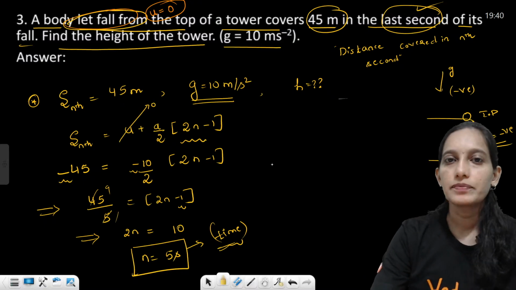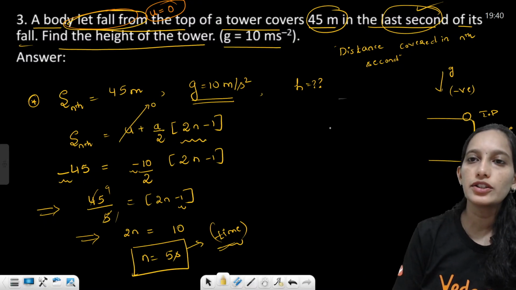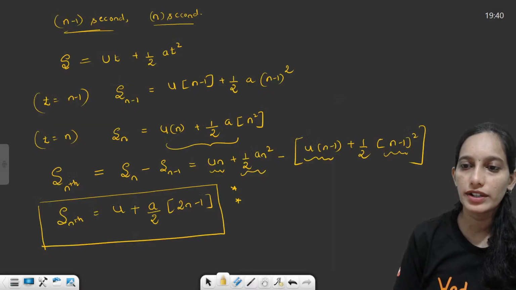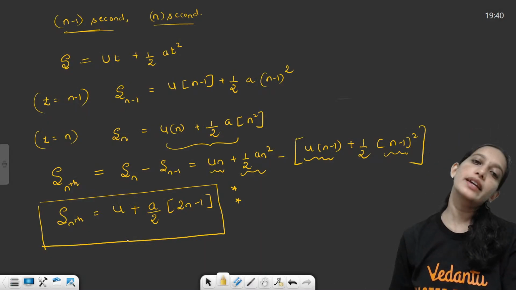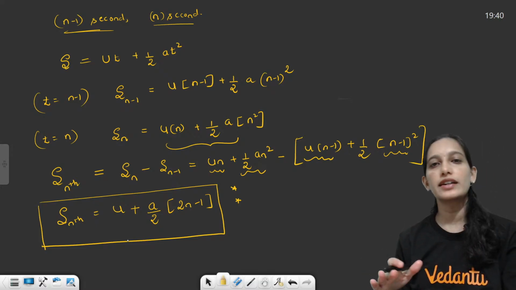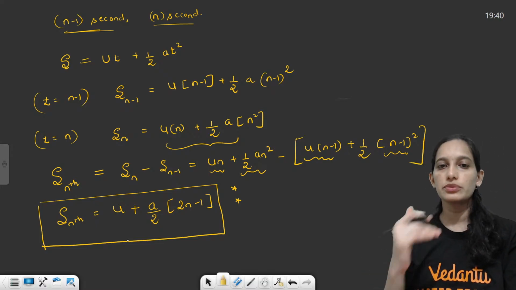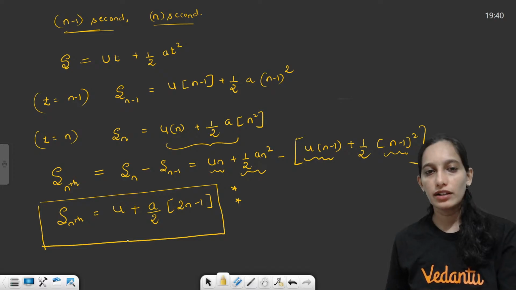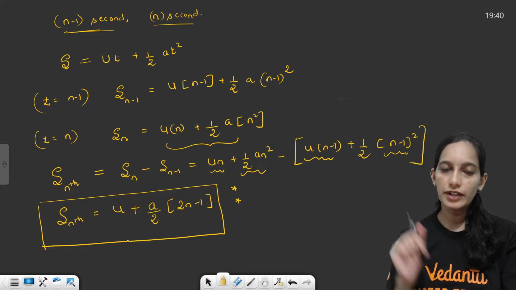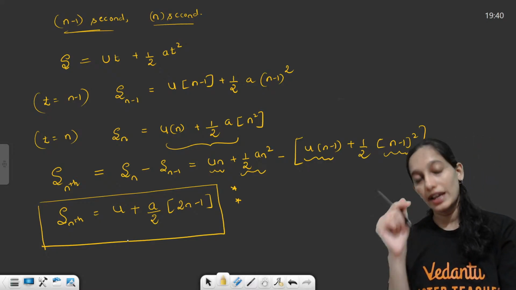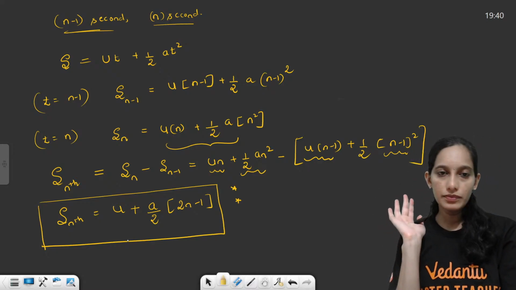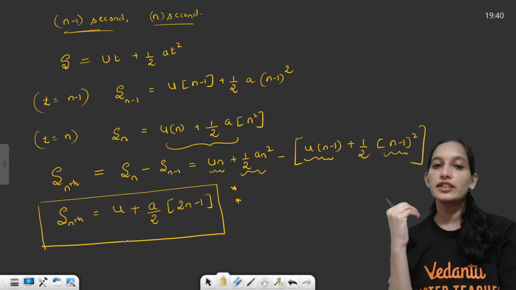It helps me in going ahead, whether you're following or not. It's a simple one. My idea is that you should be familiar with this new formula which I gave you: S is equal to U plus A by 2 into 2n minus 1. Again, you have to put in all the sign convention when the problem comes. I have considered the formula with the general sign convention, so you have to consider the direction of acceleration, the sign convention for acceleration as well as for the displacement and initial velocity.